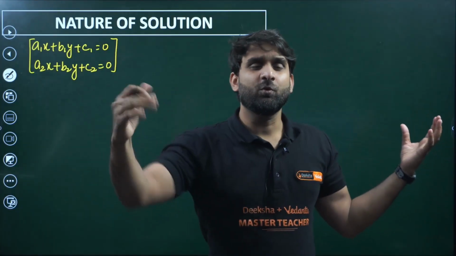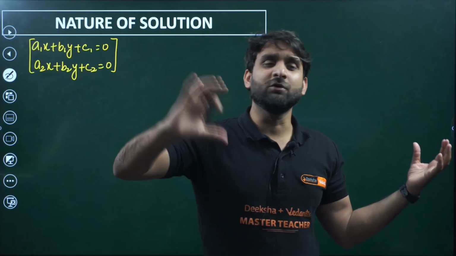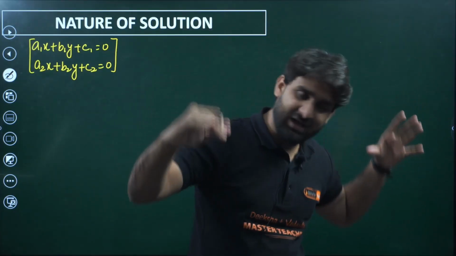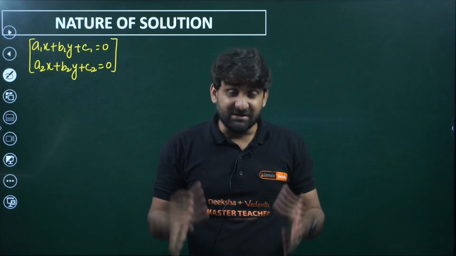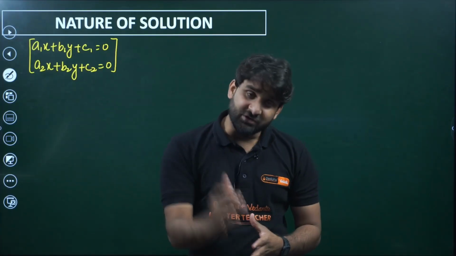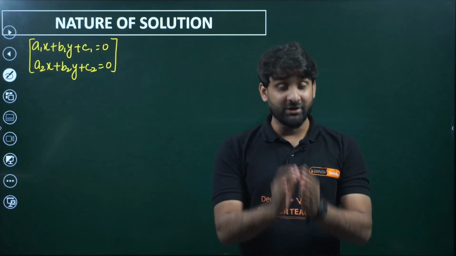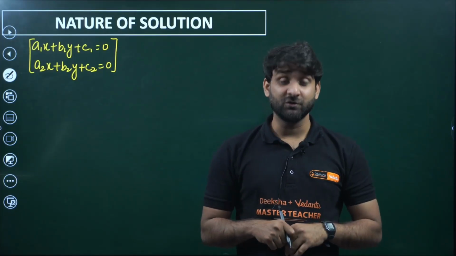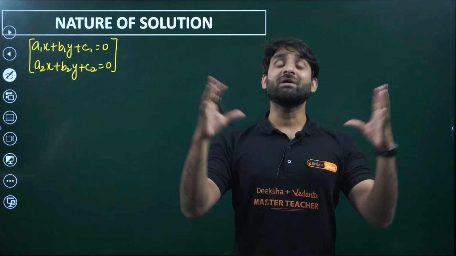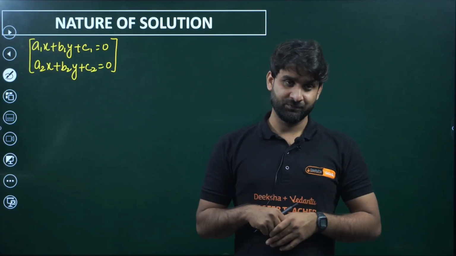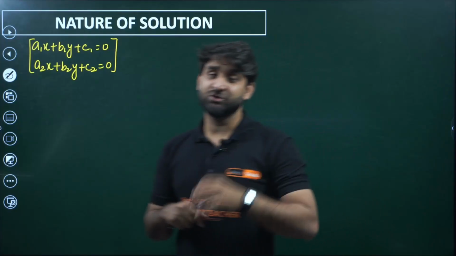Whatever you put for x, whatever you put for y, all the values satisfy the first equation as well as the second equation. And sometimes there are no values of x and y which satisfy both the equations. So there are 3 possibilities: exactly one solution, which is also called a unique solution, infinitely many solutions, and third, no solutions. So there are 3 natures of solutions.